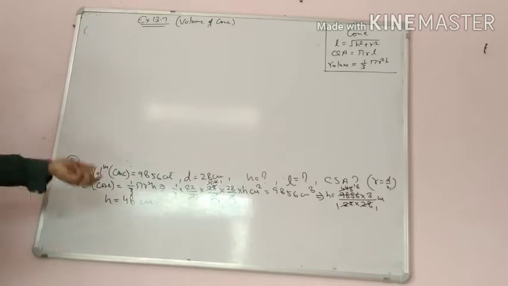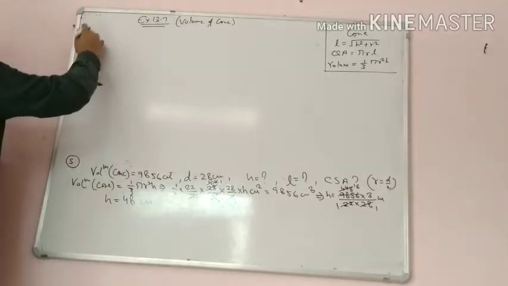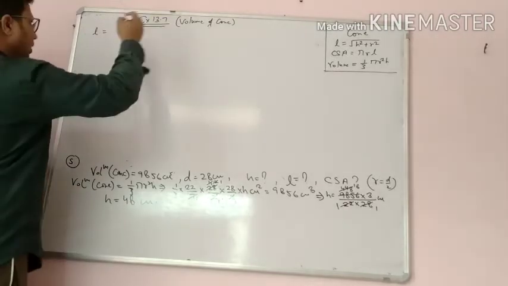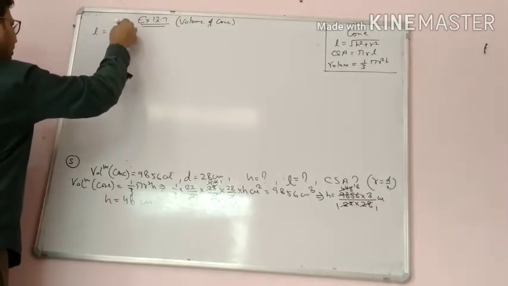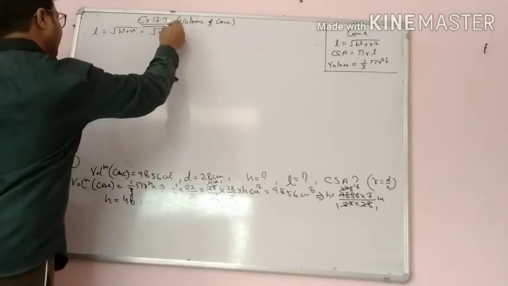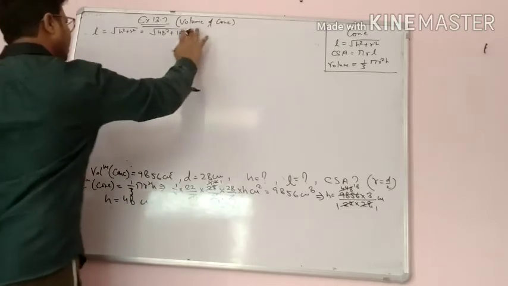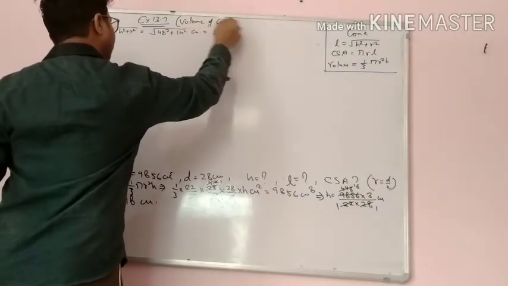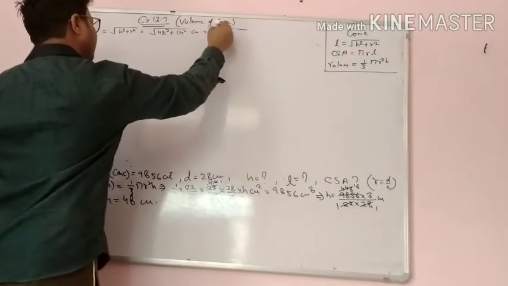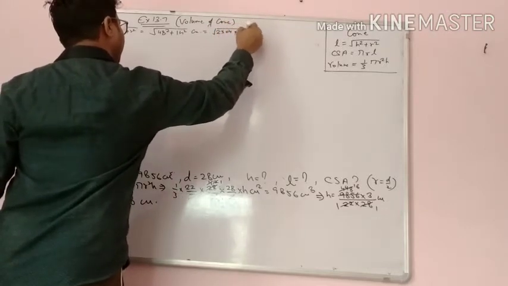One thing we have found out over here, that is h. Now we require slant height. I have told you the formula. l is equal to square root of h square plus r square, which is equal to 48 square plus 14 square centimeter. 48 square is 2304 plus 14 square is 196.